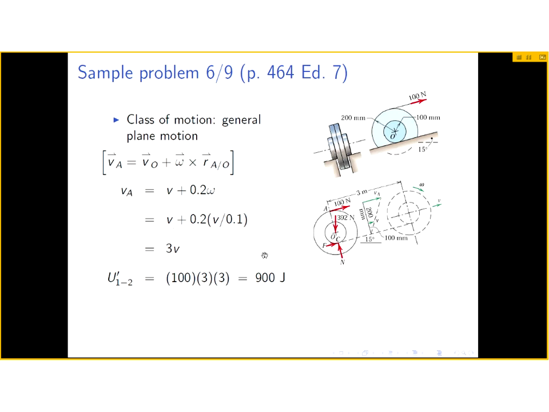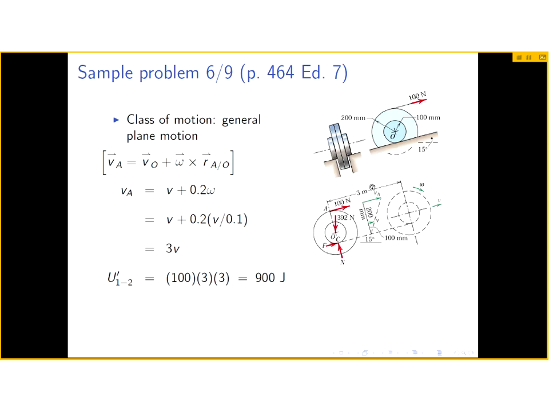You should think of it a little bit like this. If I start pulling on the cable at the initial point in time, at point A, and my cable moves at 3 times the speed of the center of the wheel, it means that in the same time interval where the center of the wheel has moved 3 meters, I will have moved 3 times that distance, because my speed is 3 times that of the center of the wheel.